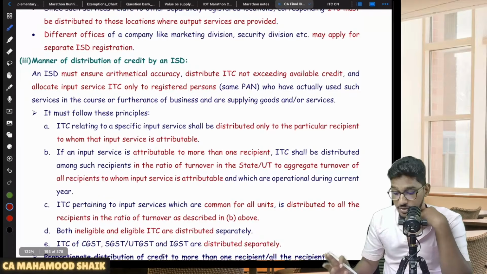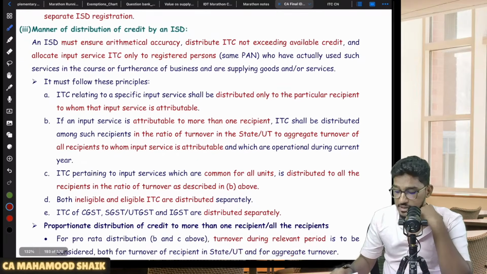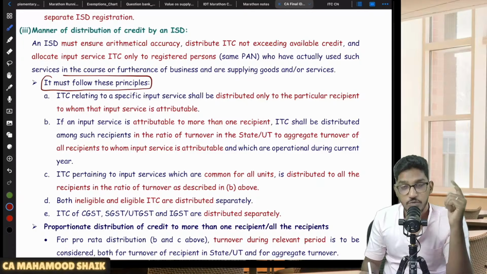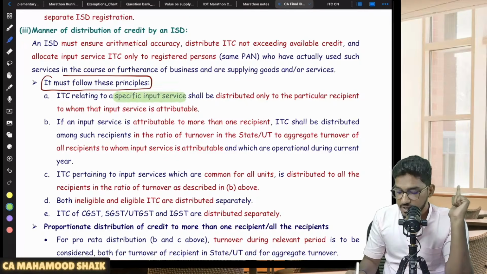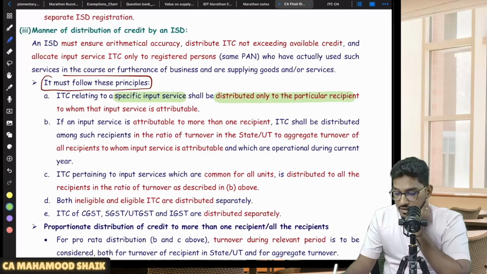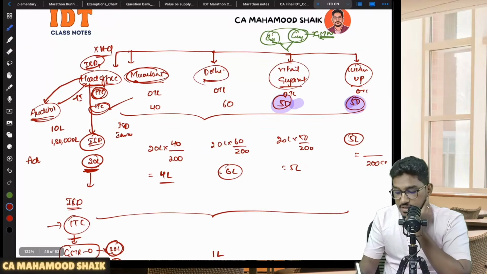What should be the manner of distribution? See here. How will ITC be distributed? Well, ISD is distributing the ITC to its locations. What principles does it have to follow? Number one, ITC relating to a specific input service shall be attributable only to the particular recipient to whom the service is attributable. Sir, what they are trying to say here is, let us say this head office is receiving some input service, but this input service is attributable only to Delhi.